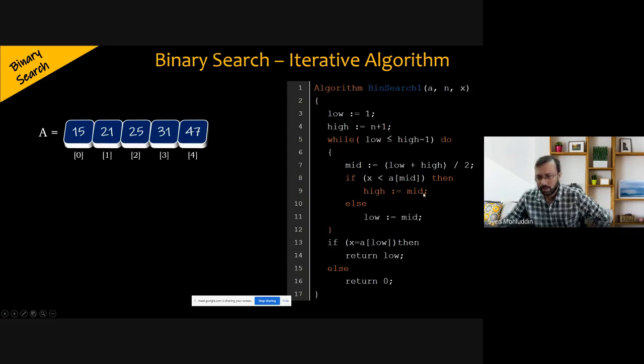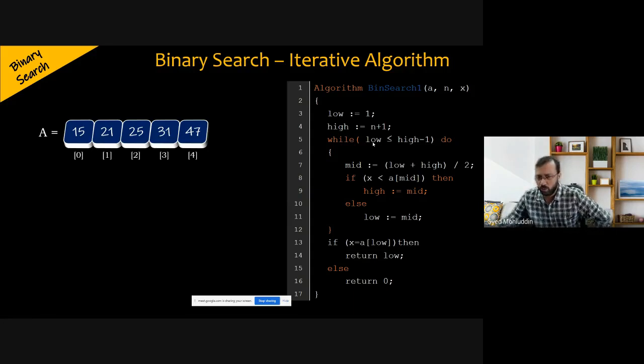So minus 1 and plus 1 is not needed here because high is one index more than the number of elements. Now this is actually a variation of the original algorithm itself. This is just for your information.